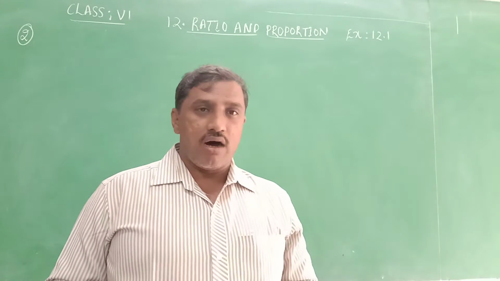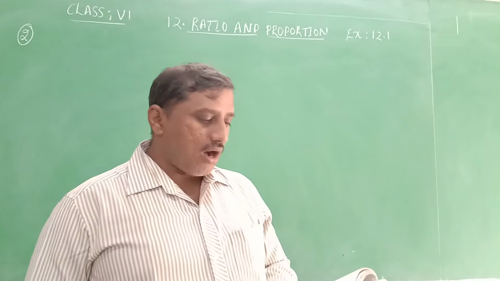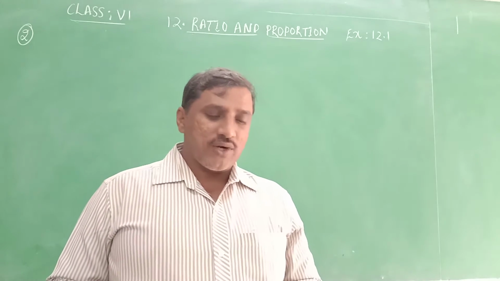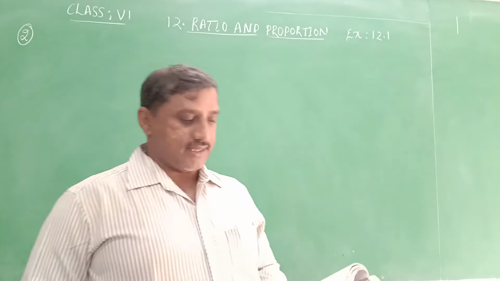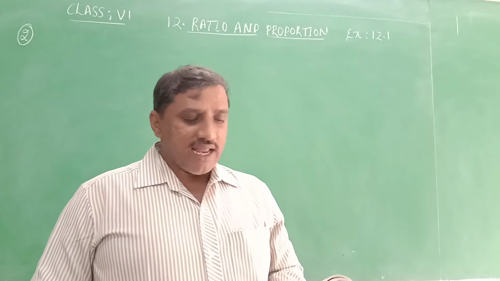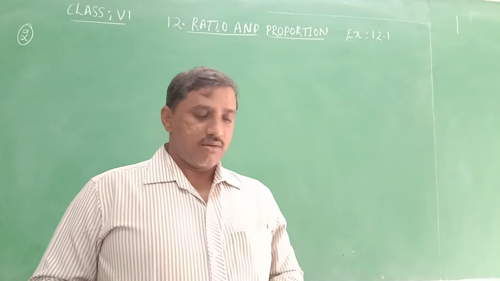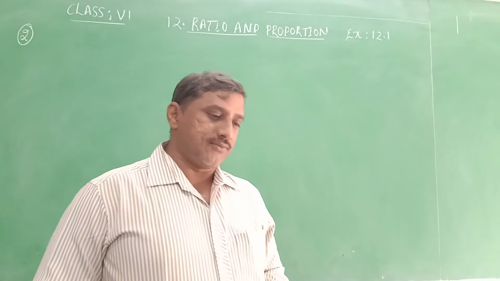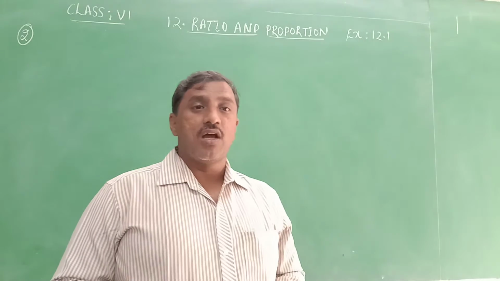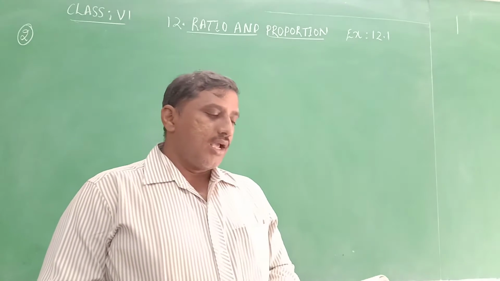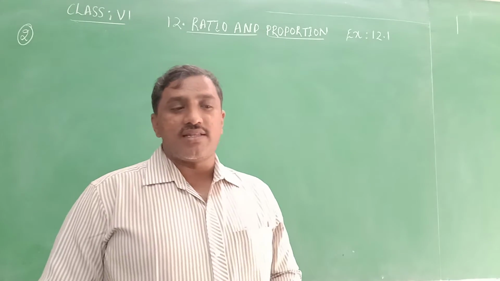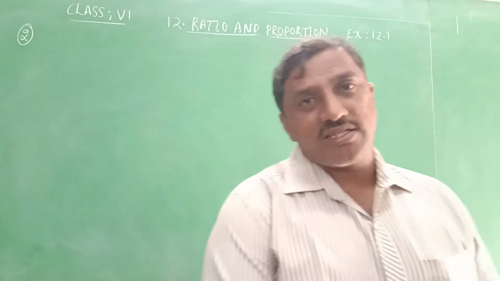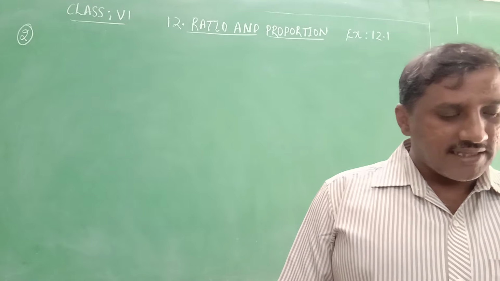Find the ratio of the number of students liking football to the number of students liking tennis, and the number of students liking cricket to the total number of students. So here, a class is there. In that class, 30 students are there.